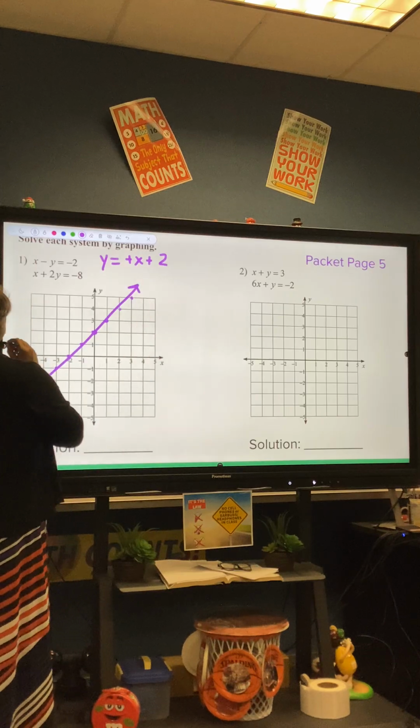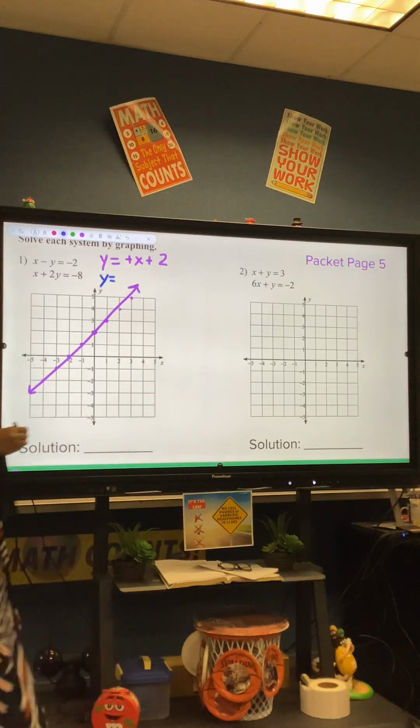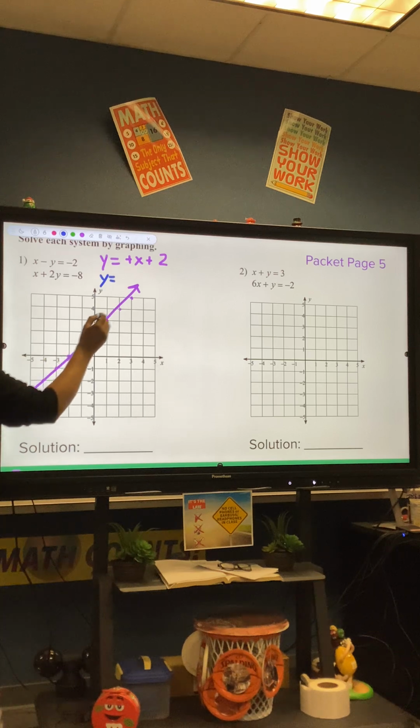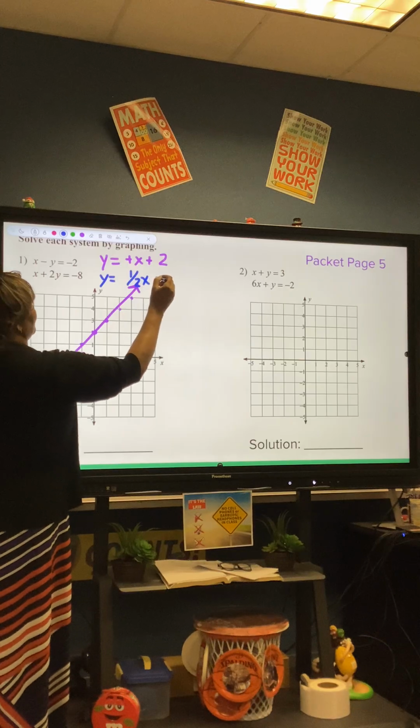Alright, what was the second one? Y equals what? Negative 1 over 2, right? Negative 1 over 2x minus 4.